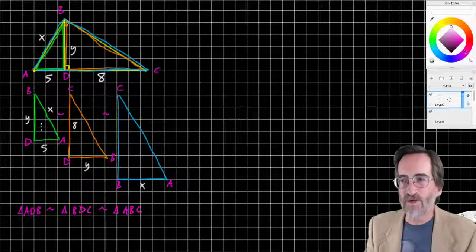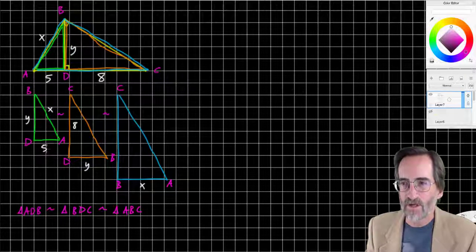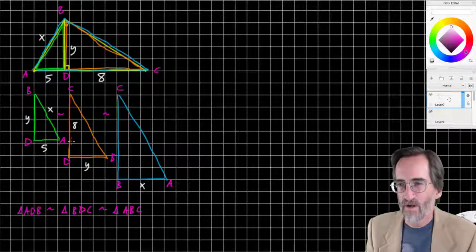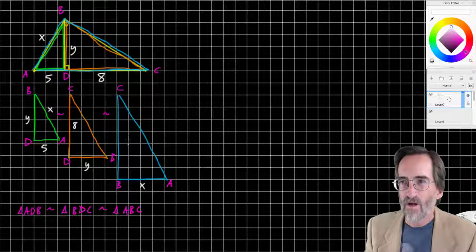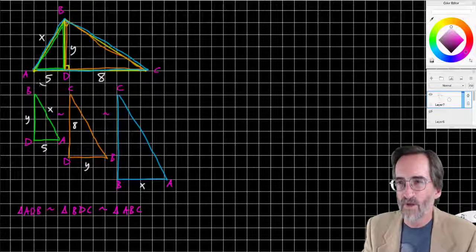And now let's match corresponding parts. Let's see. Oh, there's one more piece I know. Right here. AC is 5 plus 8 or 13.